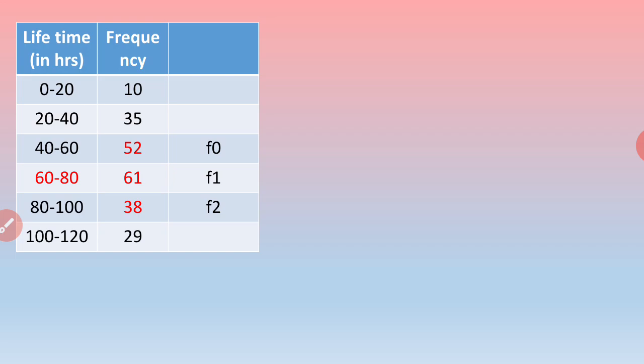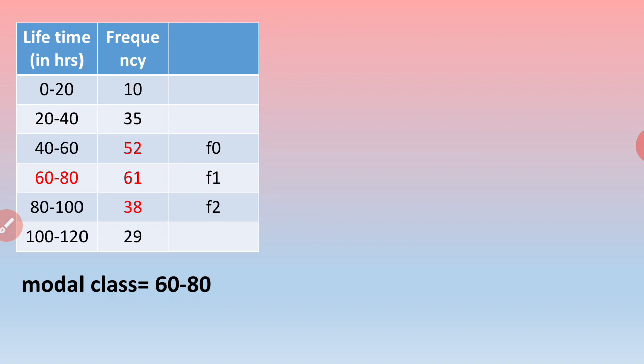Now this 61 will be considered as F1. That is why we have written F1 in front of it. And the corresponding class, that is from 60 to 80, will be our modal class. So modal class comes out to be 60 to 80, which corresponds to the highest frequency. And the highest frequency itself is F1.